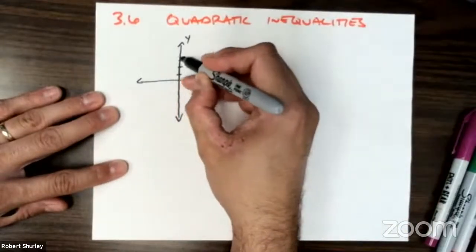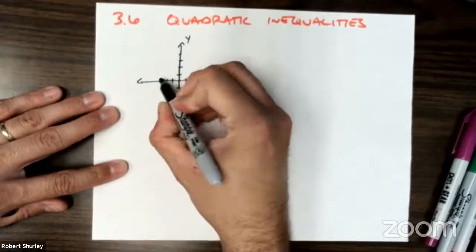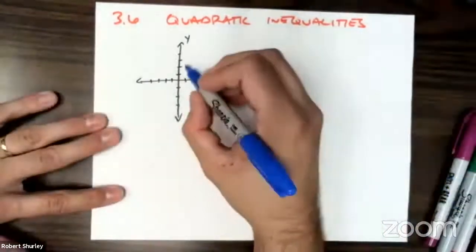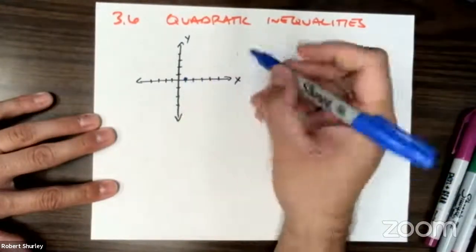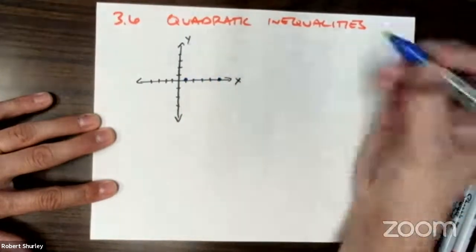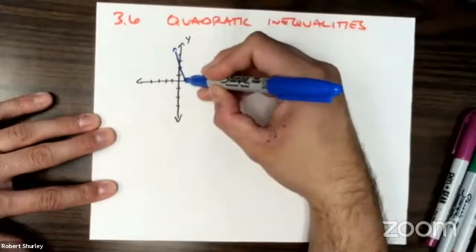So let's say that this is our f of x function, and it's going to cross the x-axis at 2 different places. We'll have it cross at 1 here, and at 5. And it does something like this.